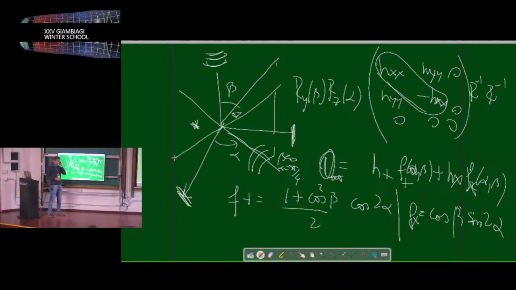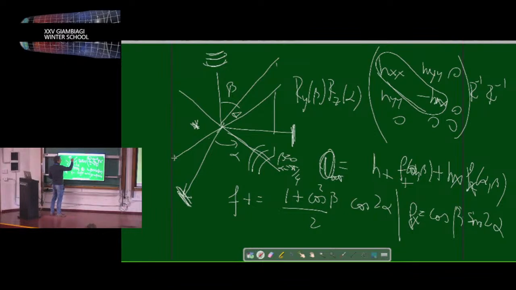So if you look at the response of the detector to something that arrives from the sky, an interferometer will always have 4 blind spots. The 4 blind spots correspond to the 4 directions at 45 degrees that are in the plane of the detector. These give you 0 response, both in plus and in cross polarization.